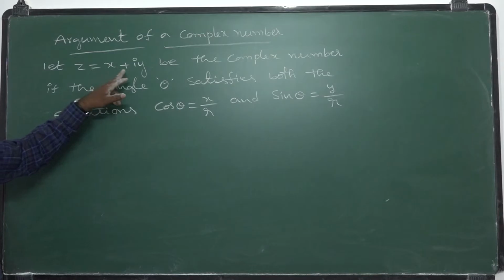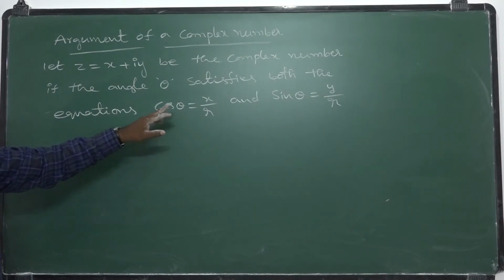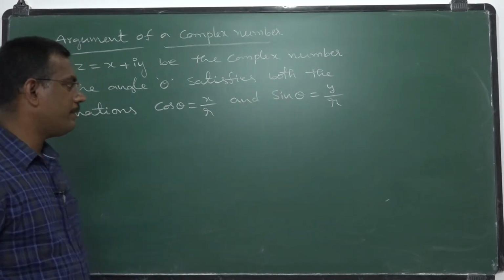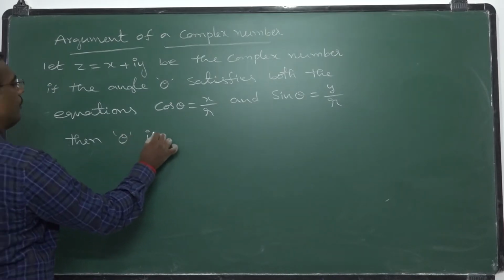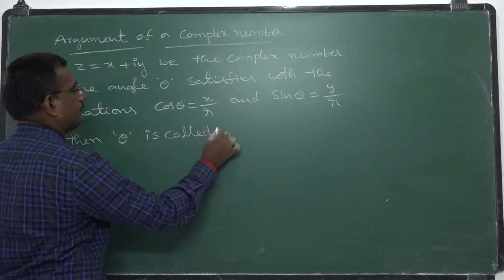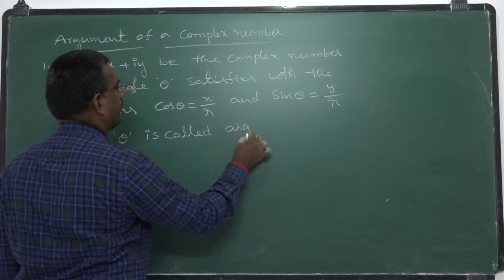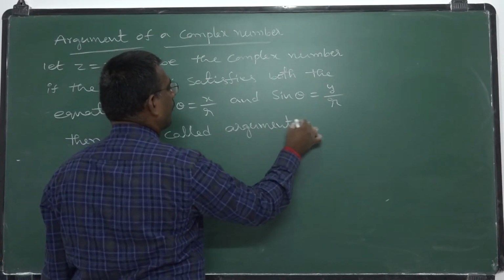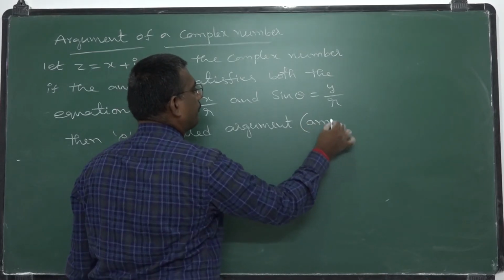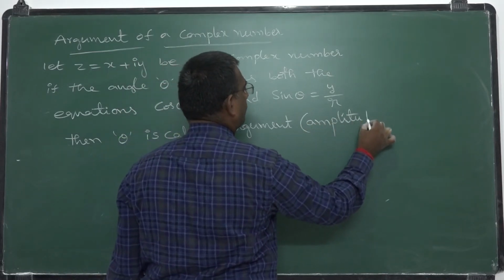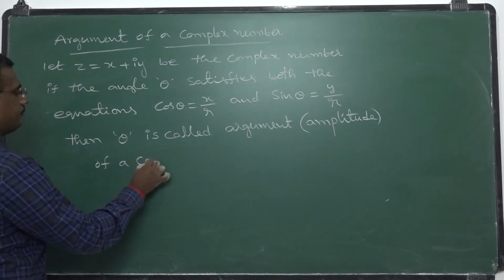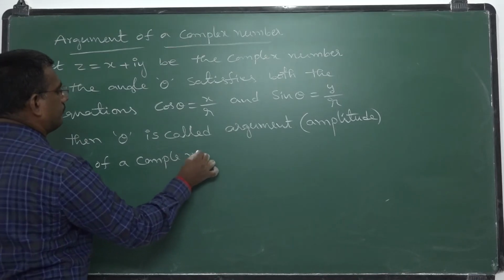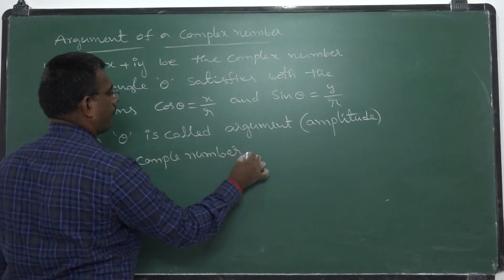Let z equal to x plus iy be a complex number. If the angle theta satisfies both the equations cos theta equal to x by r and sin theta equal to y by r, then theta is called argument or amplitude of a complex number z.